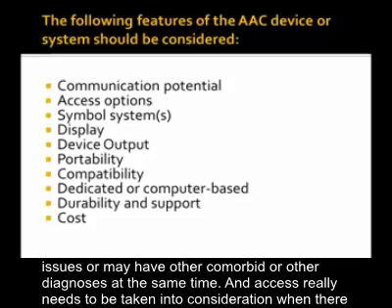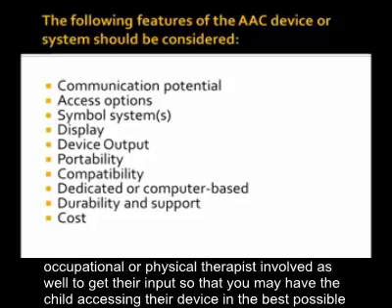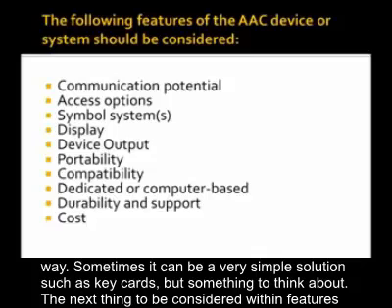Access really needs to be taken into consideration when there is a mobility issue. And then besides a speech pathologist or assistive technology professional, you also need to get an occupational or physical therapist involved as well, get their input, so that you may have the child accessing their device in the best possible way. Sometimes it can be a very simple solution such as key guards, but it's something to think about.